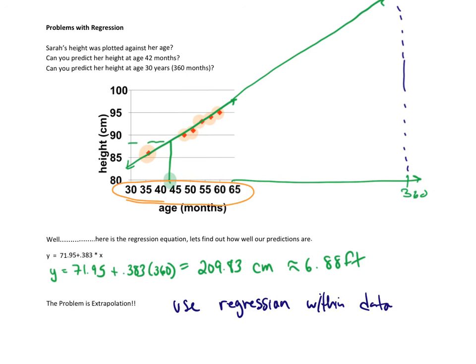So could you use it for 70 months? Probably. That's not too far off, but you want to be predicting only in the range of numbers where you have data. You don't want to go too far out because, just like the number of students per classroom example, this thing keeps growing and growing. That's probably not indicative of what the pattern would actually be.